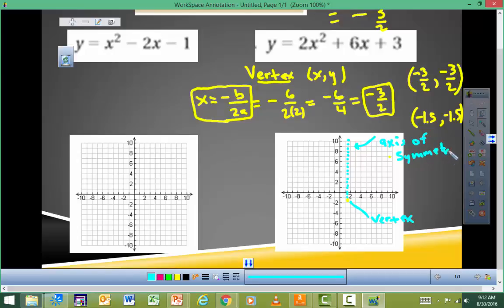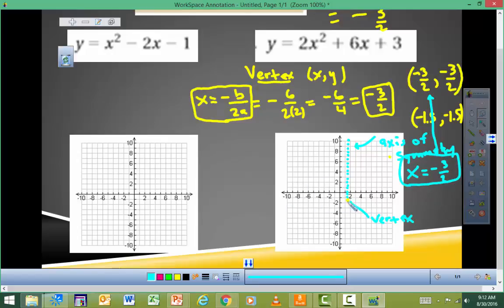Okay, now the equation of this axis of symmetry we were talking about, it's going to be x is equal to negative 3/2. It's really easy to figure out because it's always the x coordinate of the vertex. And see, so there's your axis of symmetry.